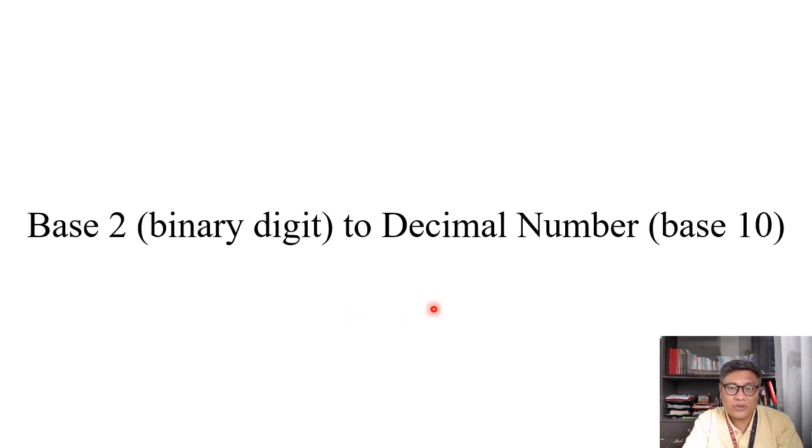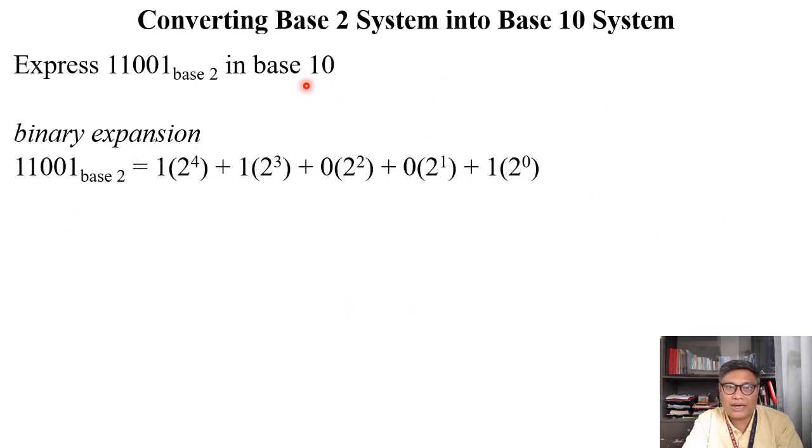Starting with a binary number, remember that in base 2 we only have ones and zeros. How do we convert this into base 10? We need its binary expansion. You might be wondering, sir, how did you get this 2? Remember that this is base 2, so our base is 2.